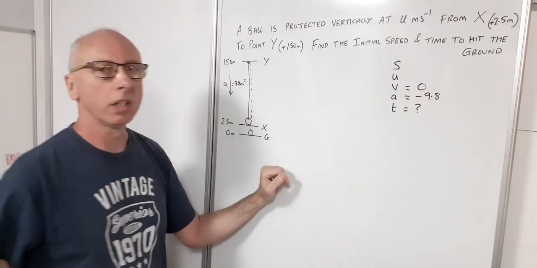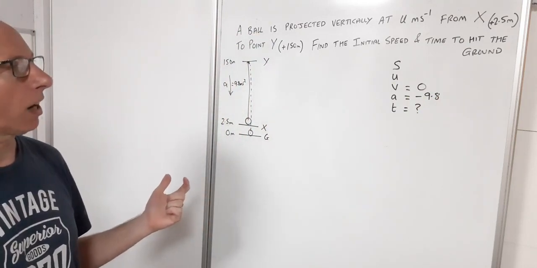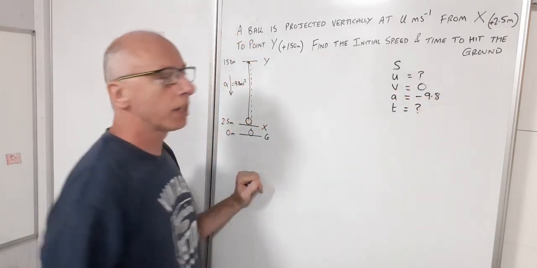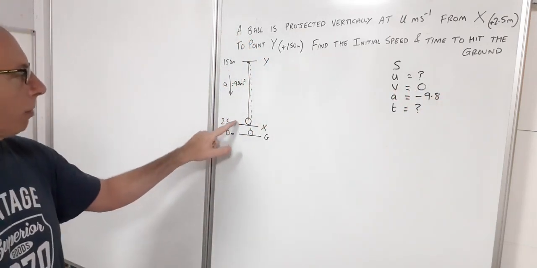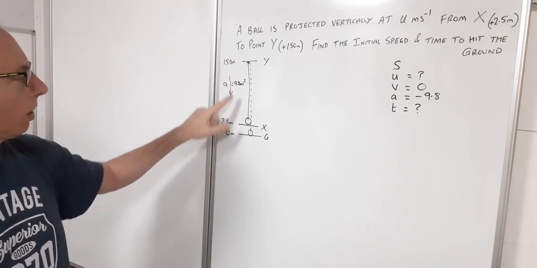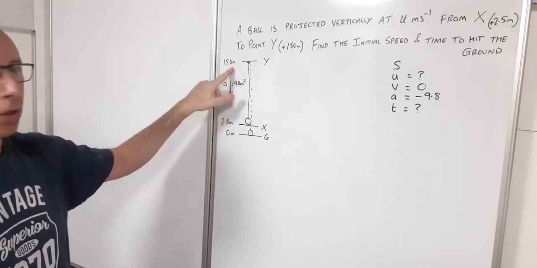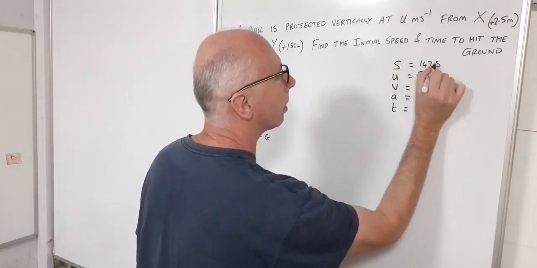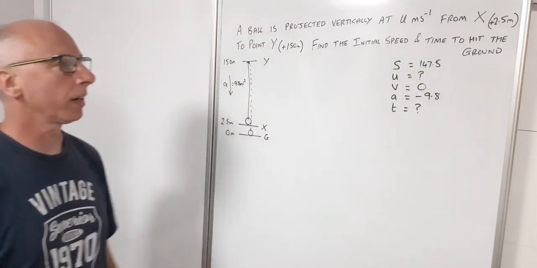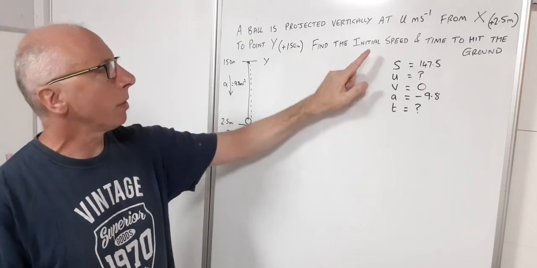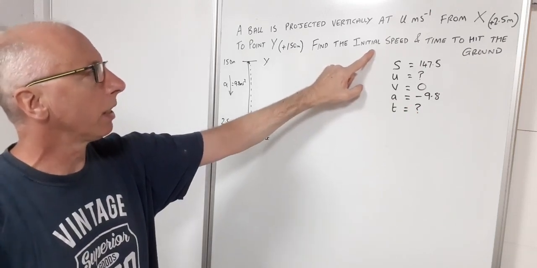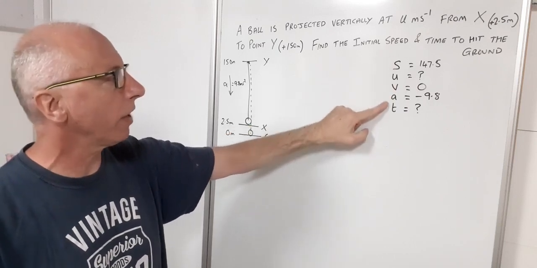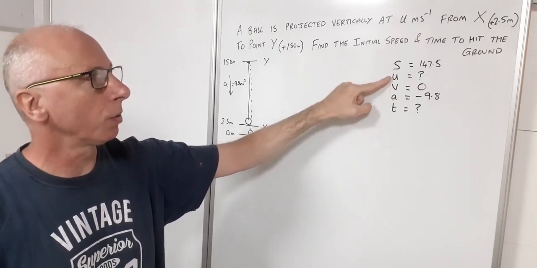And u, that's our initial velocity, that's what we want to find. And the displacement we know is from this point to this point, so it's travelled 147.5 meters. We're not interested in time at the moment because we want the initial speed. So we need the SUVAT equation with those three values in, and then we can solve for u.